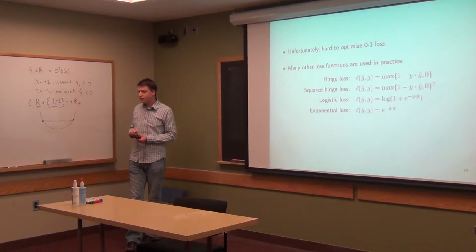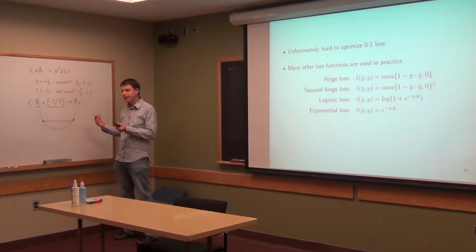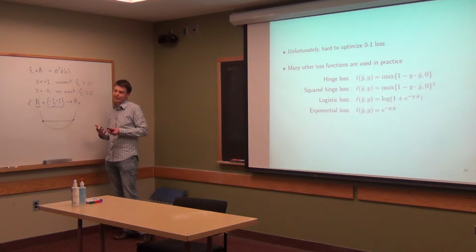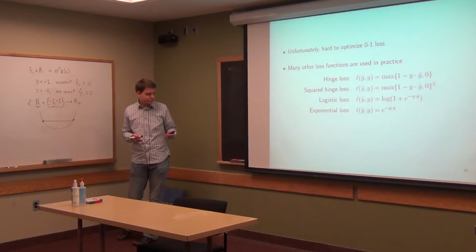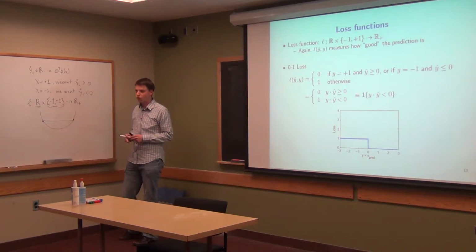Though we didn't discuss it formally, informally, convex problems are in general easy to optimize, whereas non-convex functions can be very hard to optimize. And it turns out, as you can see from this, that 0-1 loss is a non-convex function.